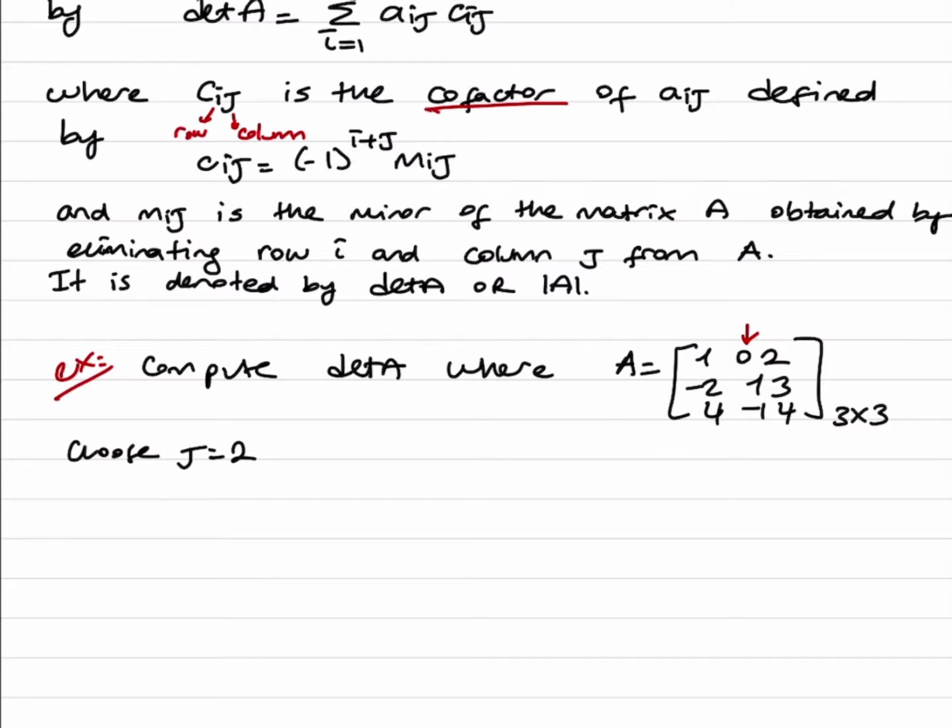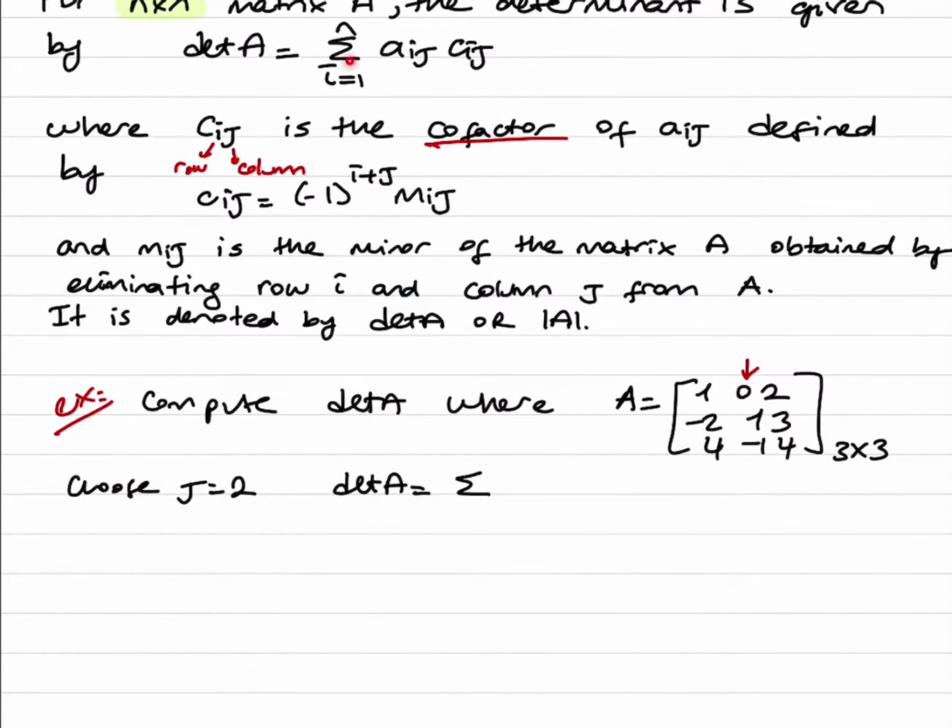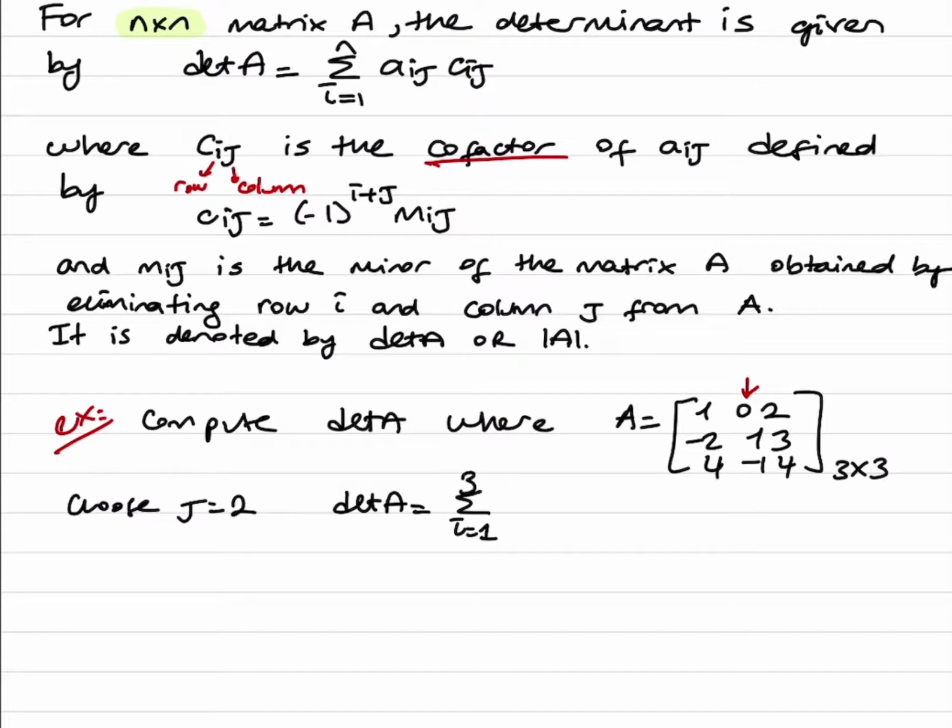Then using the second column we can compute the determinant of A by using the formula, where i goes from 1 to n, and A is an n by n matrix, so we have a 3 by 3 matrix, so i is from 1 to 3 in this case. a_ij and c_ij, but we choose j to be 2, so c_i2.